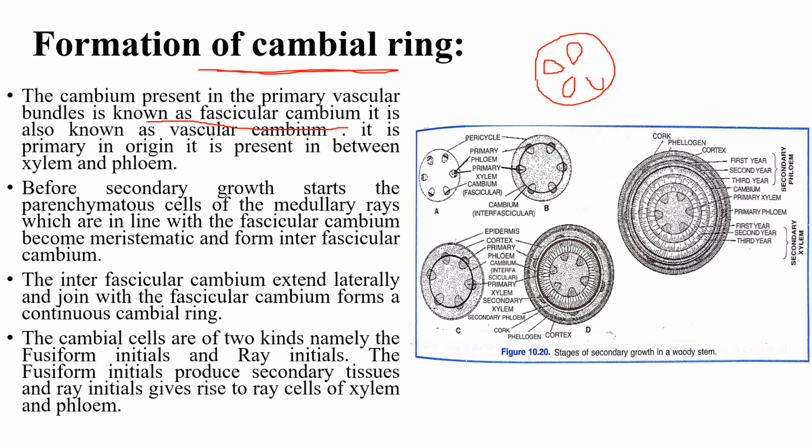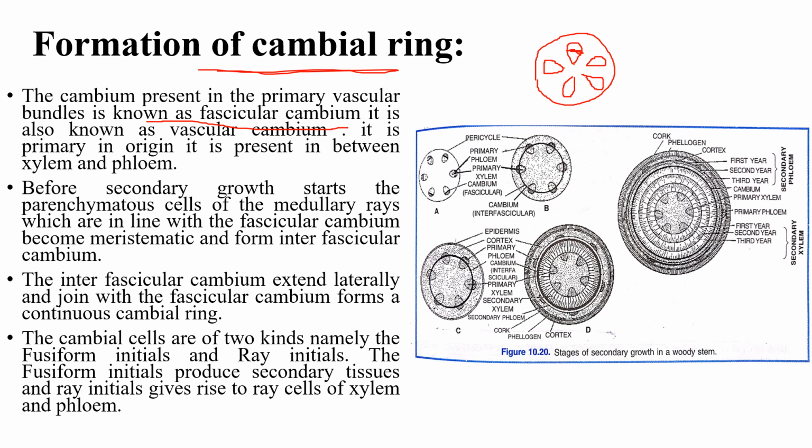Xylem and phloem are present together in the dicot stem, so it is known as a conjoint type of vascular bundle. Between this xylem and phloem, a cambium is present. From that cambium, the secondary growth will occur. So this cambium is known as fascicular cambium or vascular cambium.